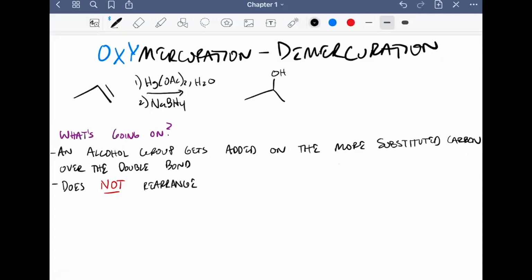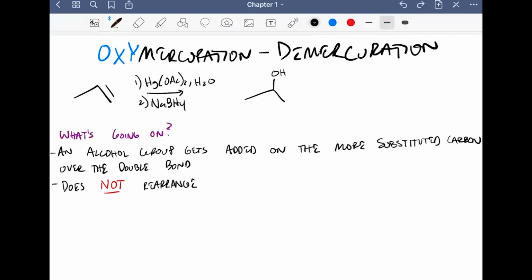This is oxymercuration, demercuration. So you have a very complicated reagent right here, and it has a two-step workup, you could say. It has HgOAc2, comma H2O, and then NaBH4. So it has two parts to this, and I know it's a lot to remember, but you're just going to have to do it.